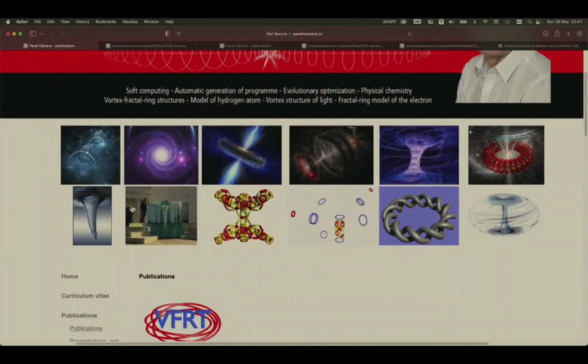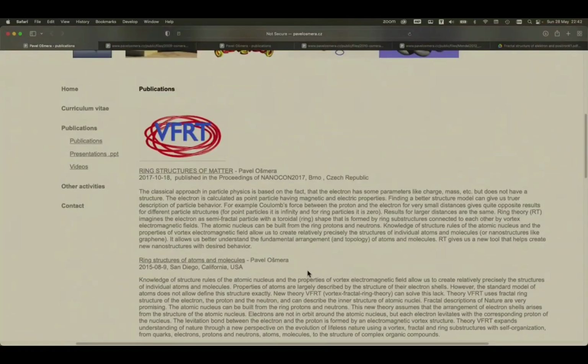And you can see various different things that you might identify with this vortex here and so forth. And he actually has a ring model of atoms, and he's producing a kid's toy where, like sticks or Lego, you can join these things together to learn about his particular model of the atom.